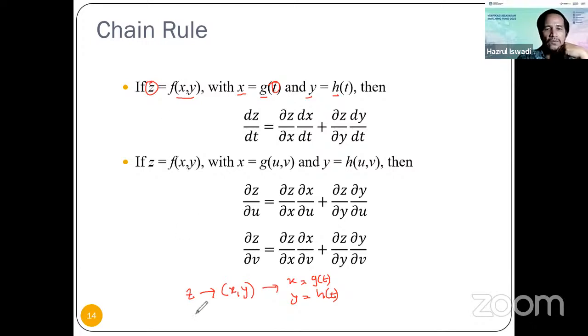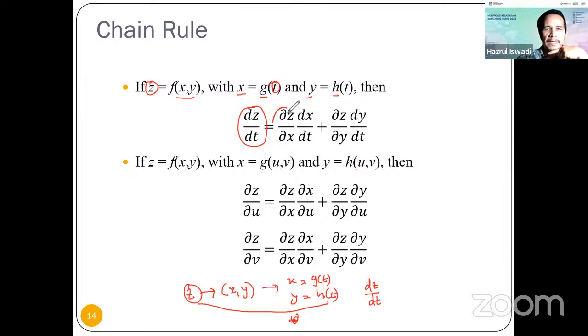And how to find the differential from z to t? So the question is, what is dz/dt? We have the formula to find dz/dt, like here.